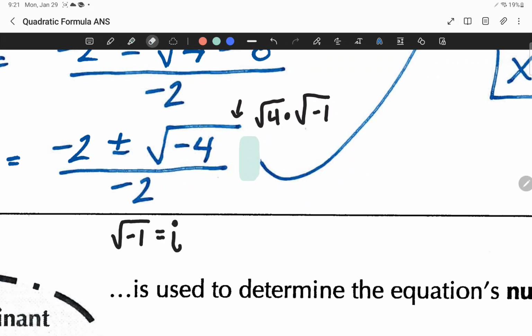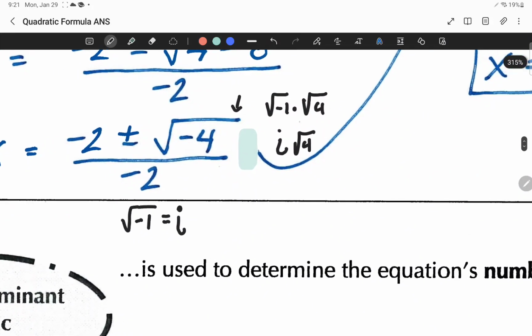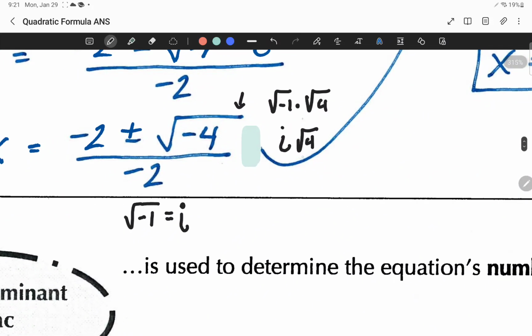So let me rewrite it just so it looks a little better. Let me put the negative first. That way you see what's going to happen here. 4. Now we're going to change that one to i. Boom. Easy.